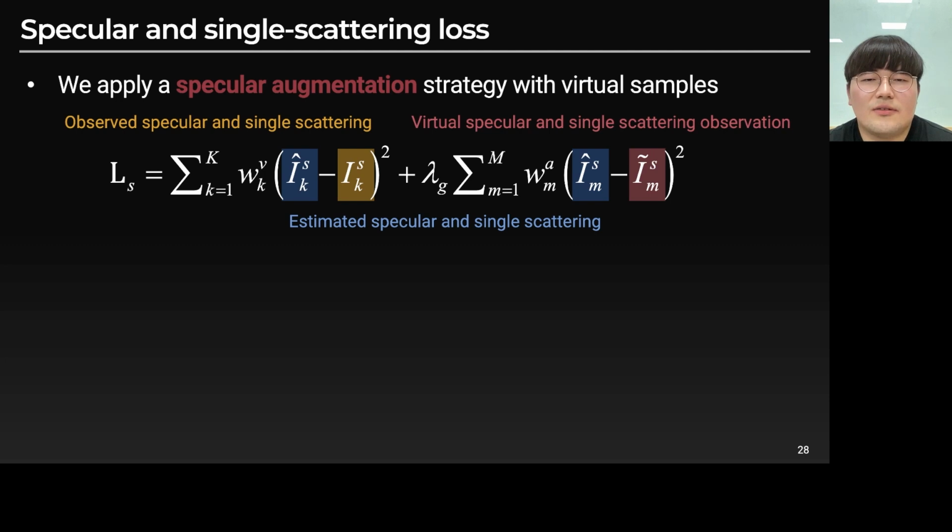We first regress the model parameters by clustering observations in similar materials, and then generate more samples to augment specular and single scattering observation in this second term. It enables us to estimate specular and single scattering parameters more robustly and accurately.